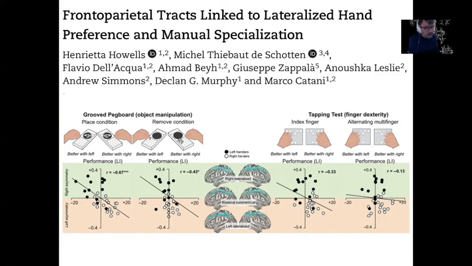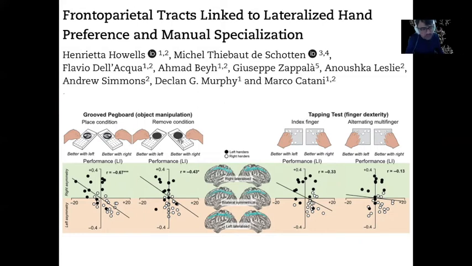And in parallel, we programmed a little test to measure how fast they can tap with their right hand or their left hand with one finger, such as the index, or if they had to do sequences with multiple fingers.